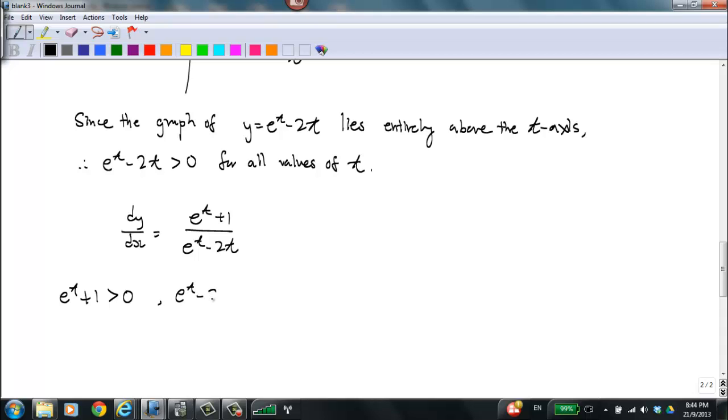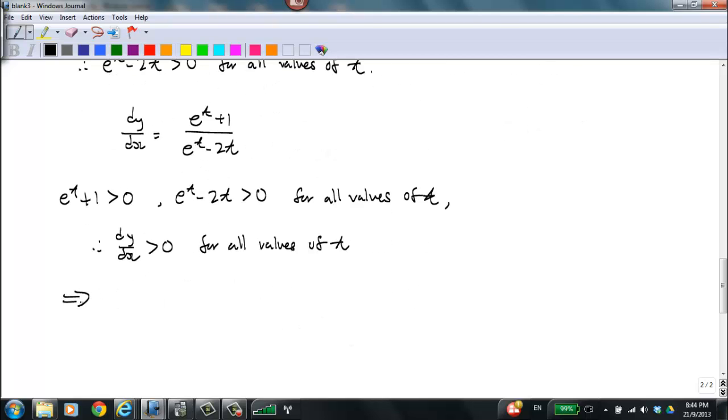And e^t minus 2t we have just shown is more than 0. Therefore, for all values of t, to be more complete in our solution, dy/dx is bigger than 0 for all values of t, which implies C will be strictly increasing.